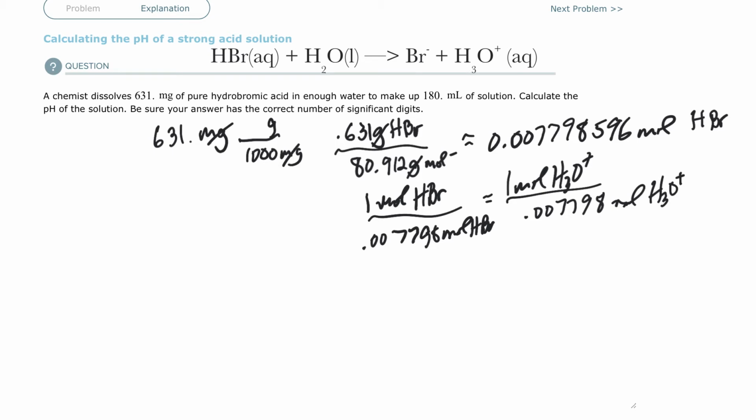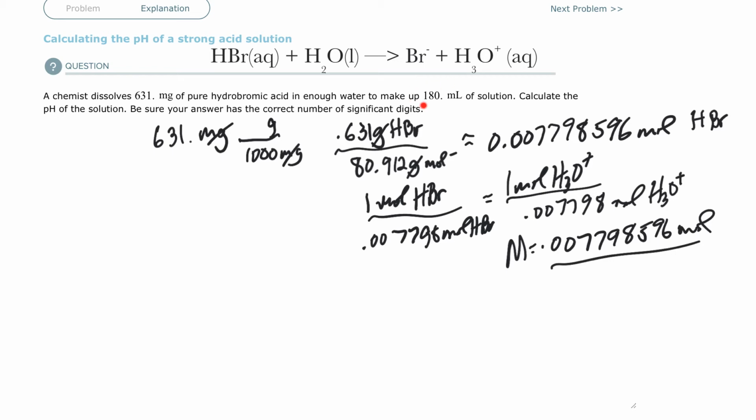So if we know the moles, how do you find the molarity? Because remember, the molarity is the concentration. So molarity is moles over liters. All right, so I have moles. So let's say molarity is 0.007798596 moles over how many liters?